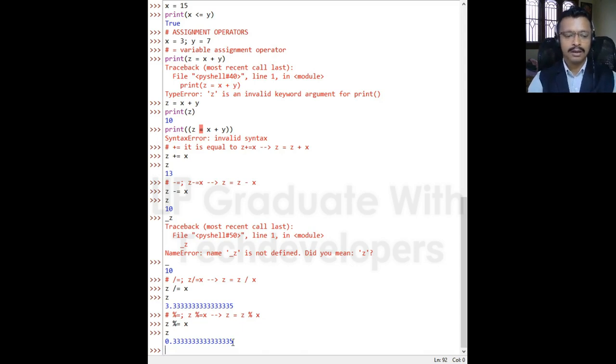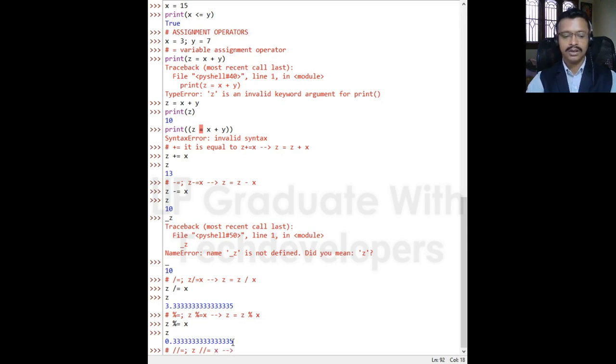Next we have the floor division. g //= x means g = x.